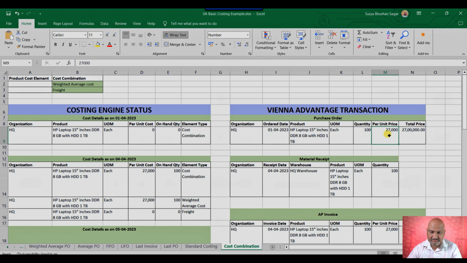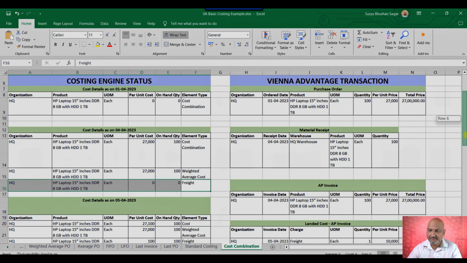So the weighted average cost would be calculated by the system as 27,000, and for the element type cost combination, the system calculates it as 100 quantity with 27,000. But for my freight, it is going to be 0.